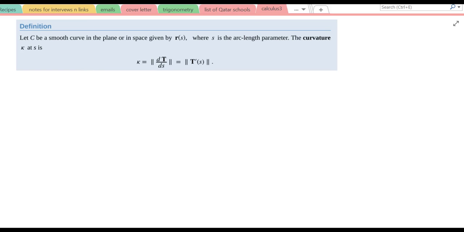Let's come to this example, and I want to tell you the concept of curvature here.